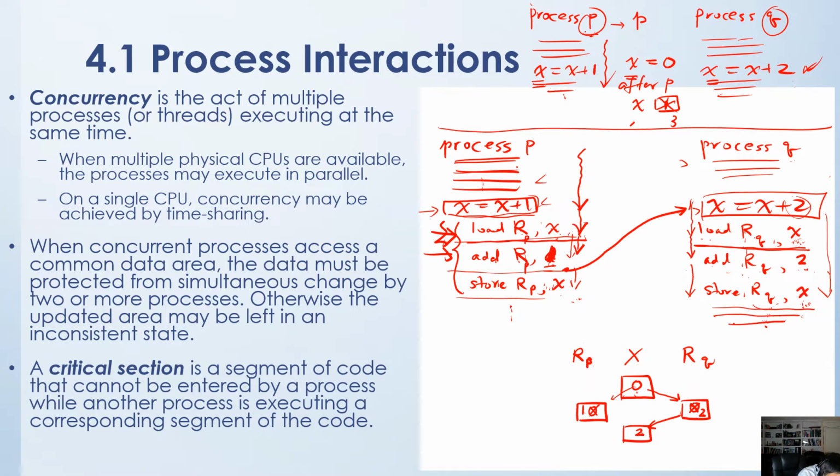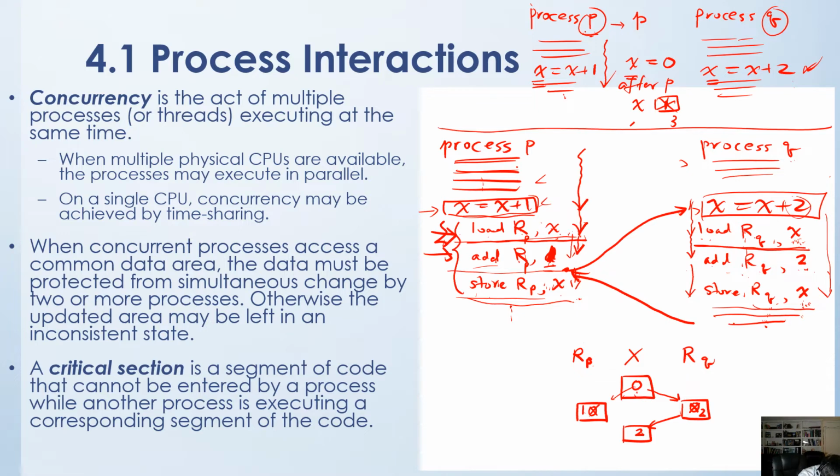And then the operating system scheduler decides to switch back to process P. When it switches back to process P, it restores all the data in the CPU and finds out that the next instruction is going to be store, right? I already did 2 instructions, load and add, but the next one is store.